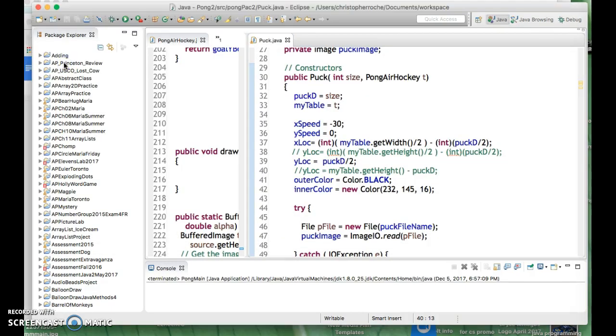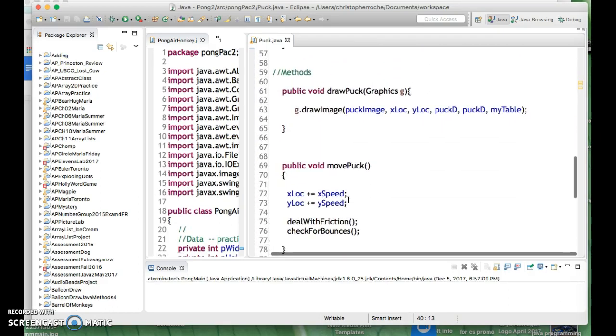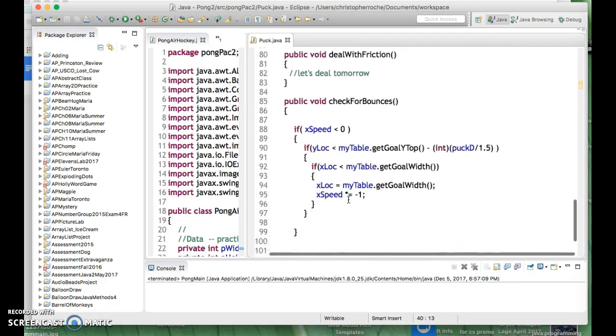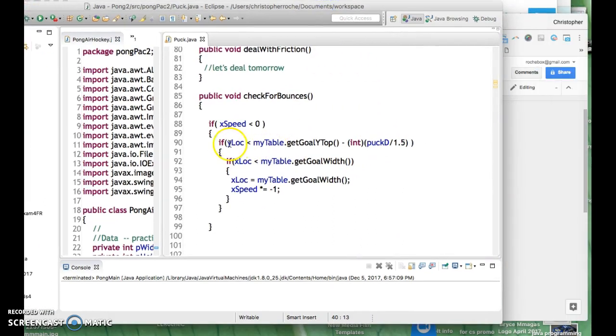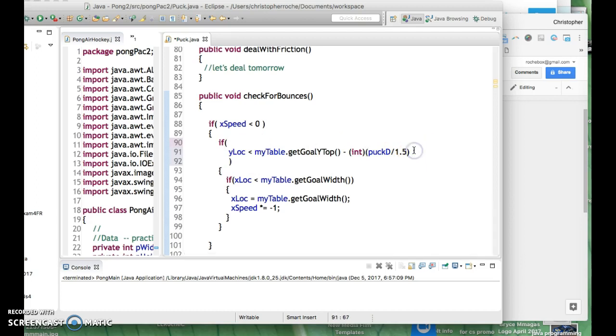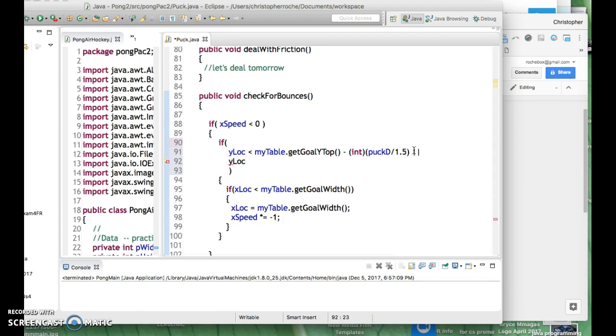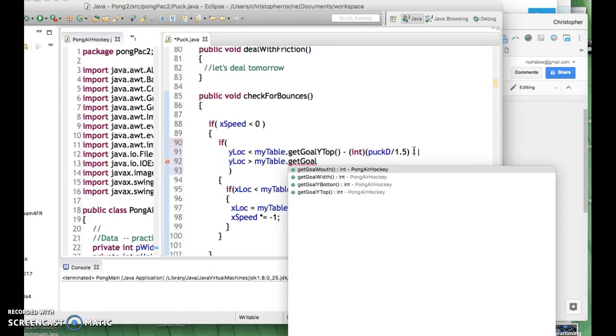Okay. And then, so what I'm going to do is I'm going to have that work. Or I'm going to do this, okay. If this, right, or yloc is greater than my table dot get goal y bottom.